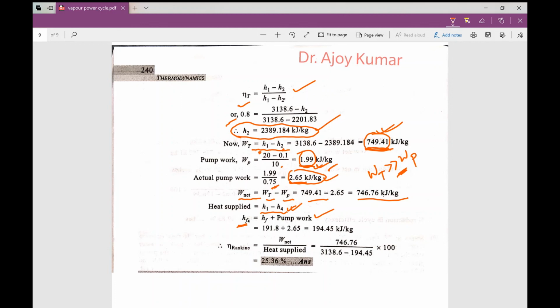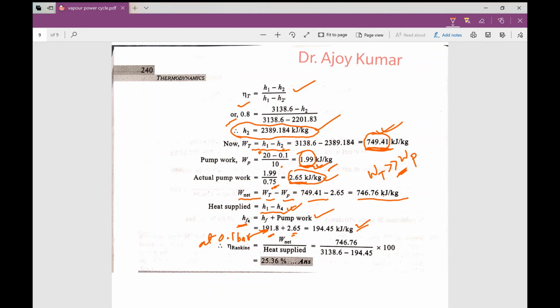This is the value of HF at 0.1 bar, 191.8 from the steam table. Pump work is already calculated. So the enthalpy at point 4 is this much.